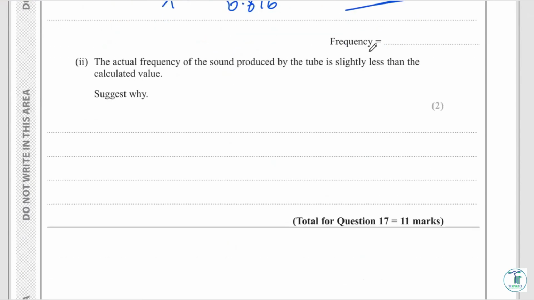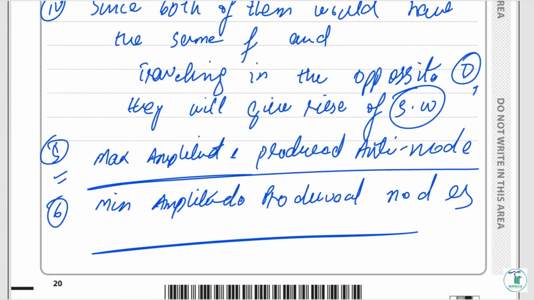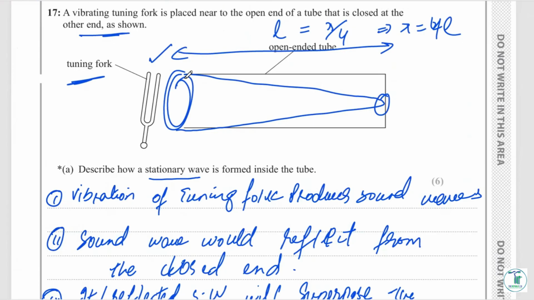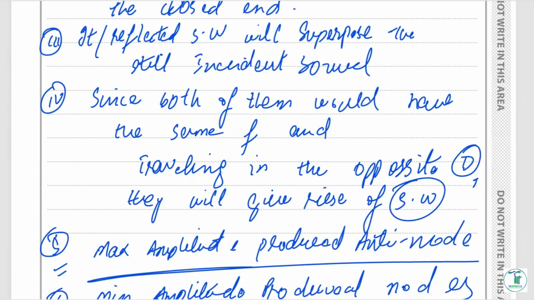The actual frequency of the sound produced by the tube is slightly less than the calculated value. Why is that? Because we cannot actually predict where the antinode would be. It must have an end error. It can end over here, it can end over here, it can end over here, right? So remember that whenever you're talking about the difference in the actual and the calculated one, the antinode is not exactly at the open end of the tube, right?